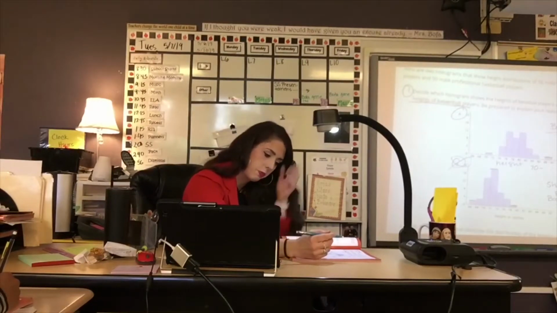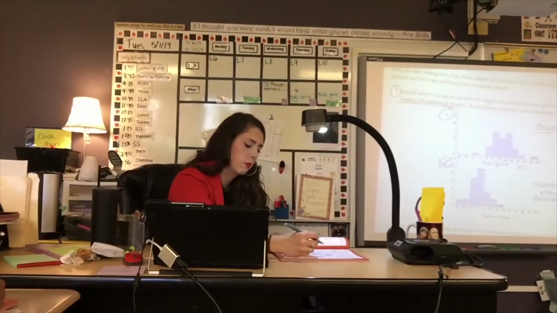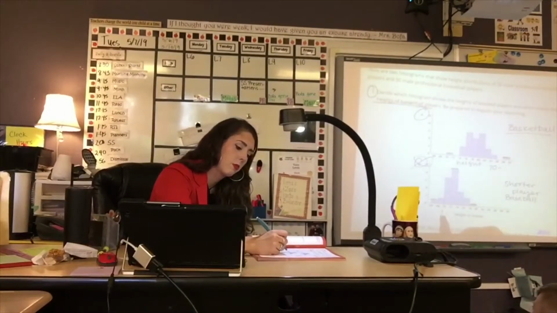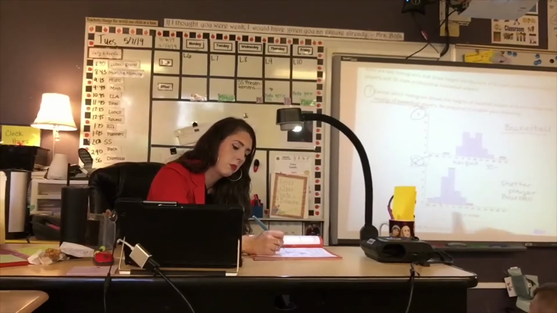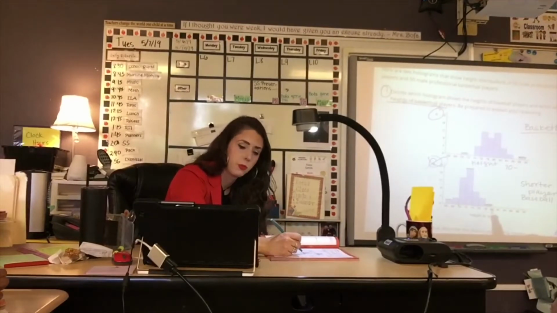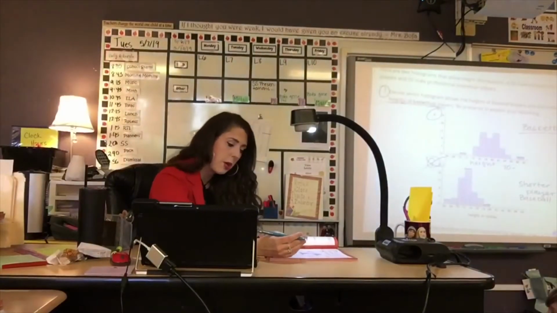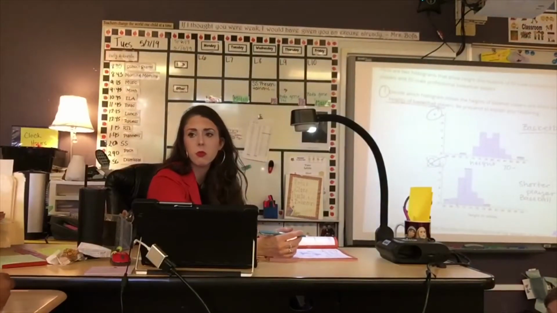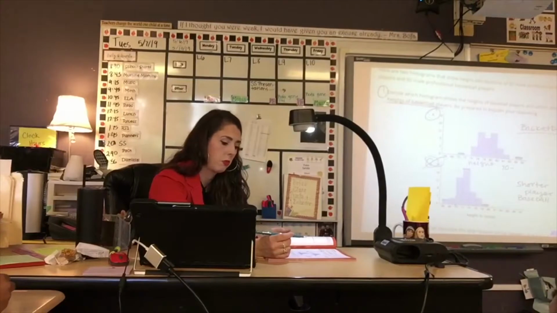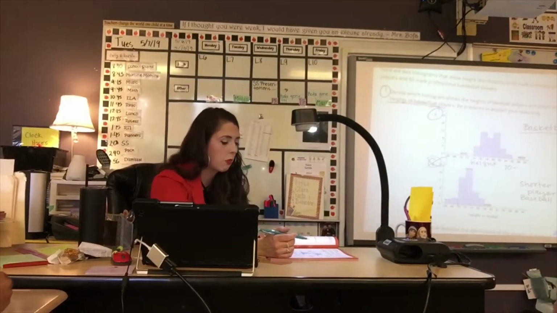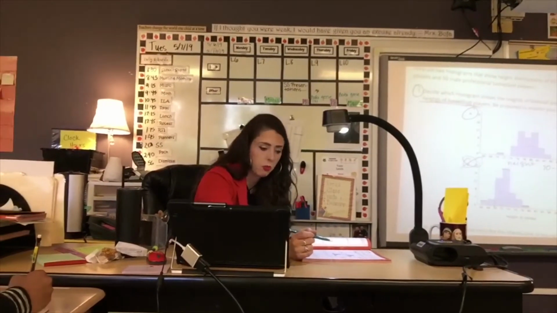And if you look at the x-axis on the baseball players, the majority of them are between 67 and 75. And the story said that basketball players tend to be taller than baseball players. So, A is correct. Okay.